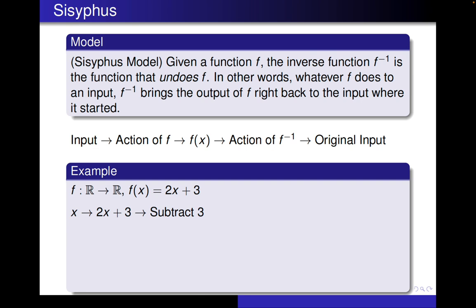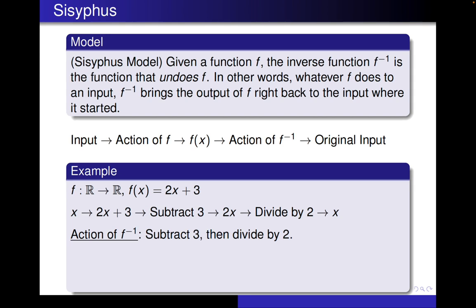That'll get us closer. When we subtract 3 from 2x plus 3, we're back to 2x. And then all we have to do is divide by 2 to get back to x. So the two actions that we have to do to get back to x are, we have to subtract 3 and divide by 2, and those are going to be the actions of f inverse. So we're going to first subtract 3, then divide by 2.